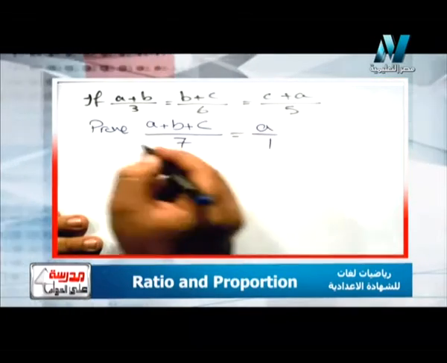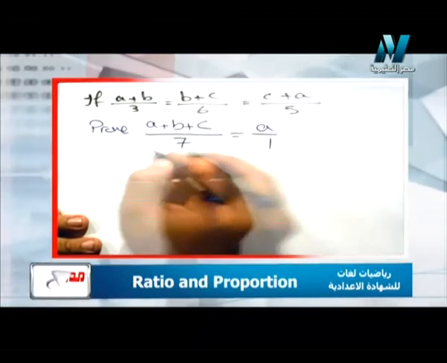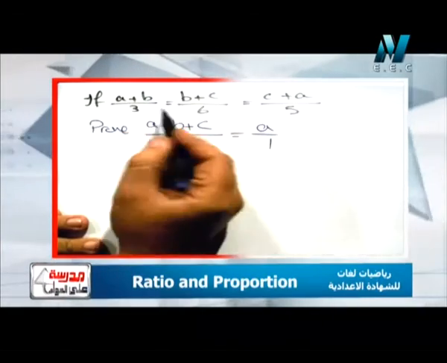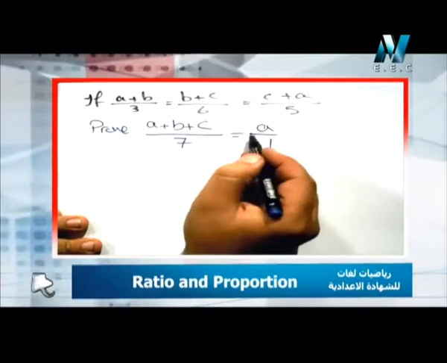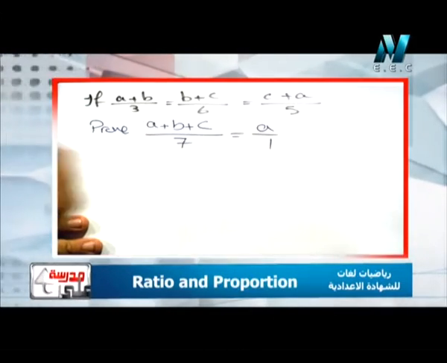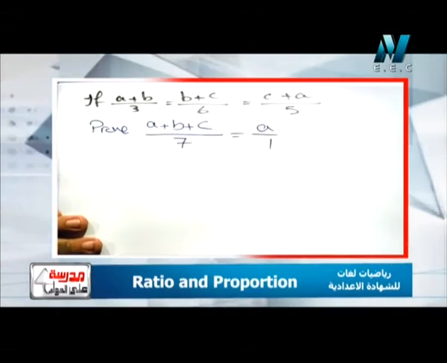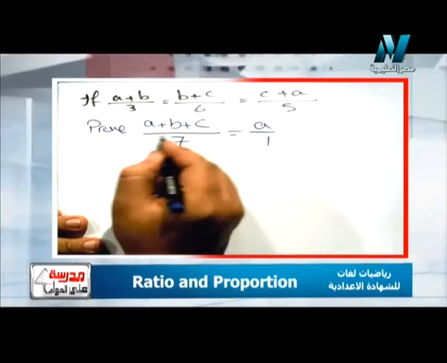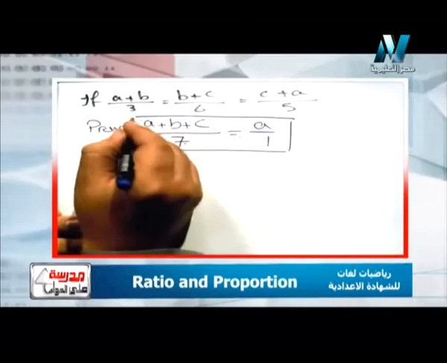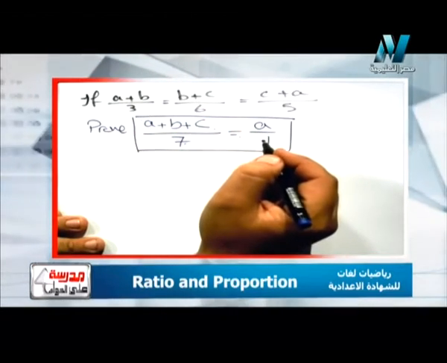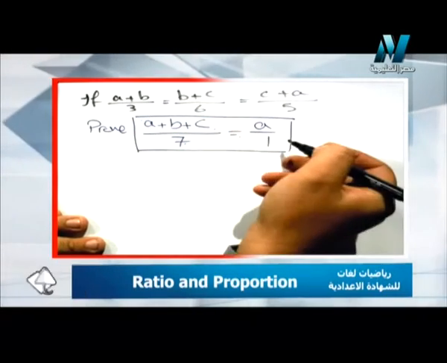Actually, we changed the required in this form, so I can work on the givens to find this form. Then I'm going to go back again to this form to write what we have here in the required: a plus b plus c over 7 equals a over 1. This is what we need. I changed the required. I wrote it in another form.